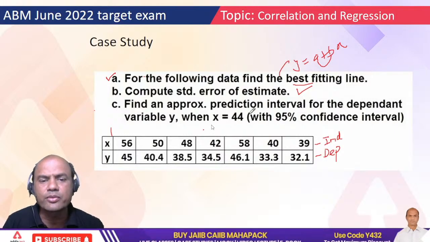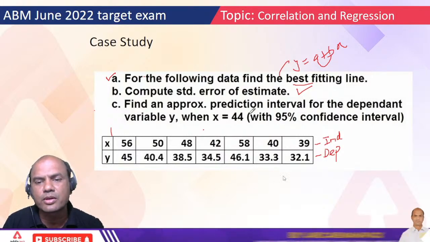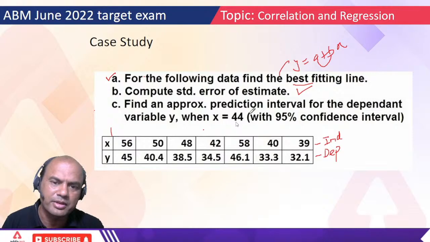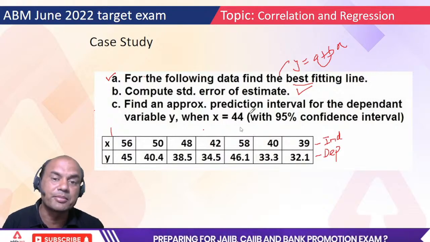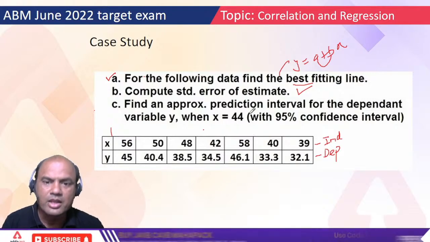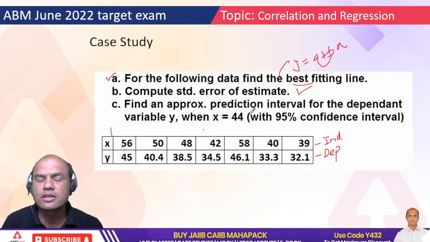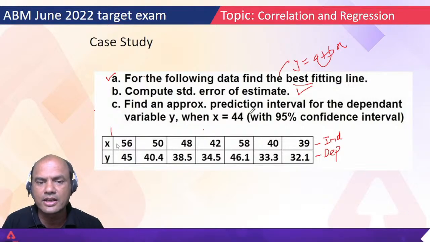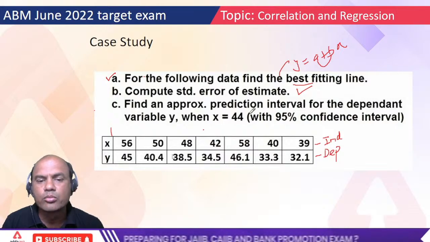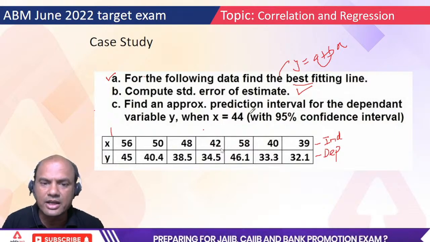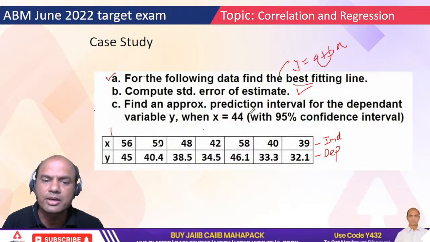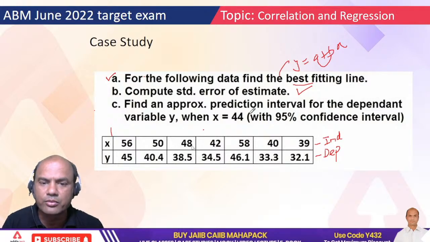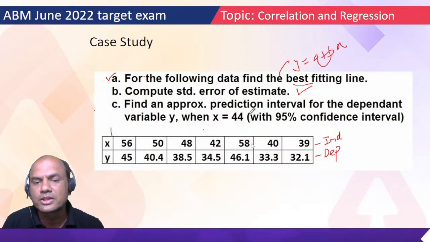Firstly, how to identify whether this is a correlation problem, a time series problem, or a sampling distribution problem. In correlation and regression, always understand that x and y both move independently. Independently means both can move, somebody can move from 50 to 48 downward, then again upwards.